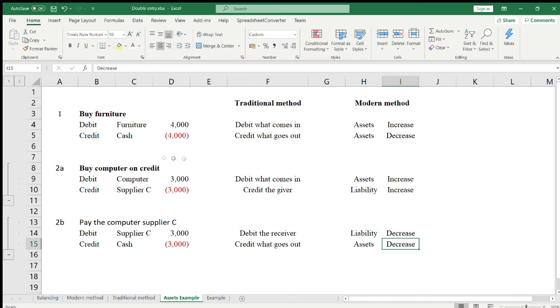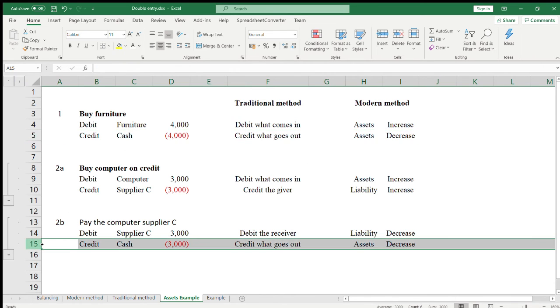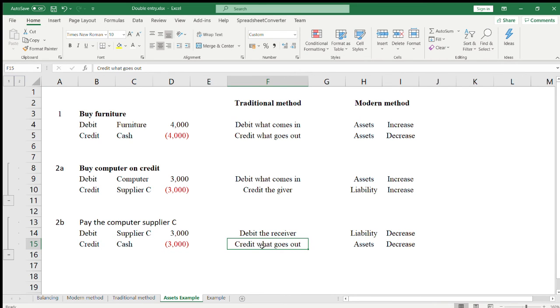It's the same concept as when we bought the furniture. In the same way, we have paid cash to somebody. So credit what goes out. Traditional method, modern method, the asset has decreased. That's why we have credited cash by 3,000.